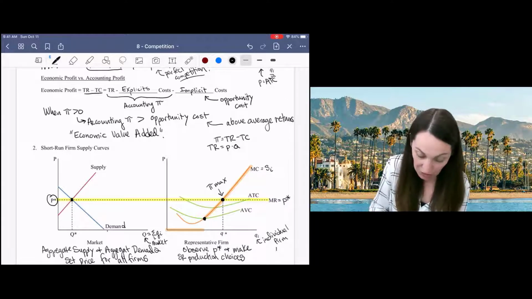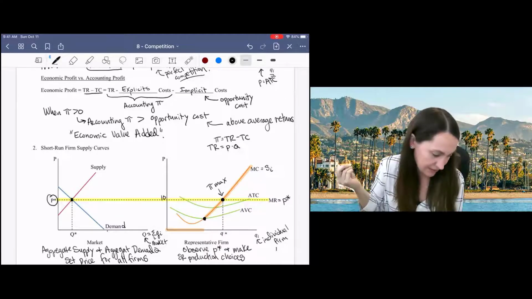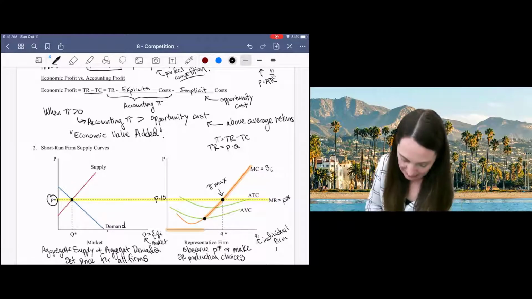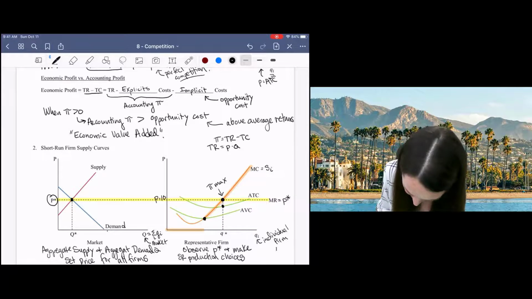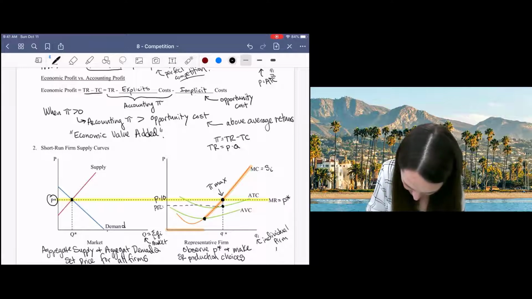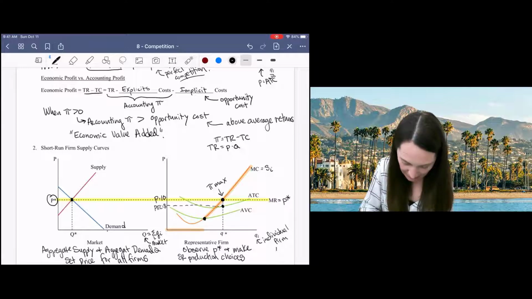So let's just suppose that our market price is 10 and that when we come down here to our average total cost curve, we get average total cost equal to 8, and that this quantity is 100.